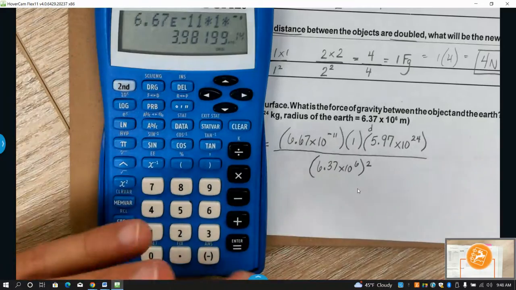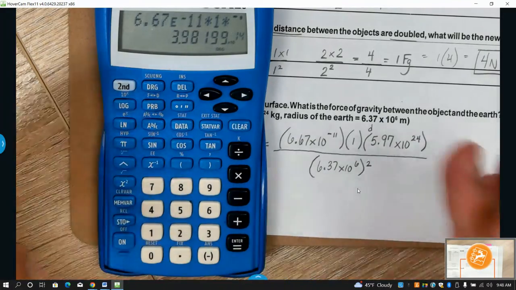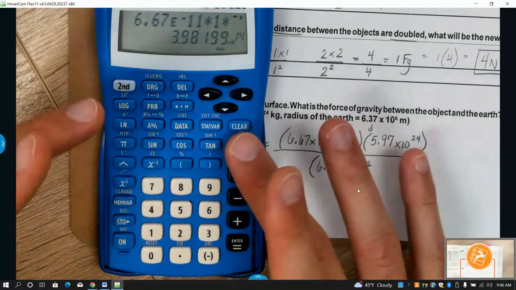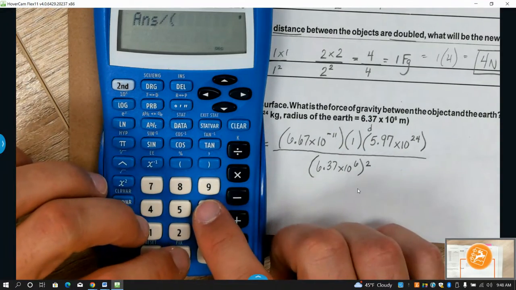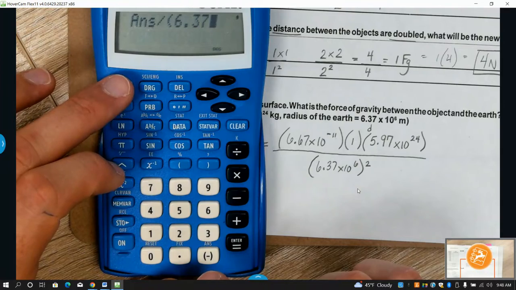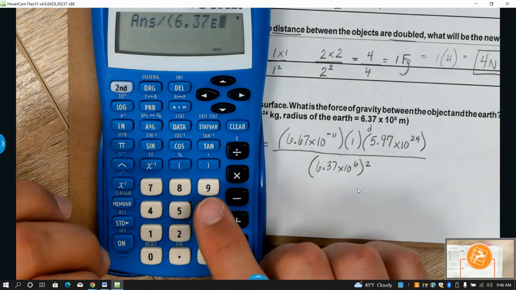That is just the top version. Now, to get what's underneath, once we have what's up top, you're going to divide by 6.37 E 6.